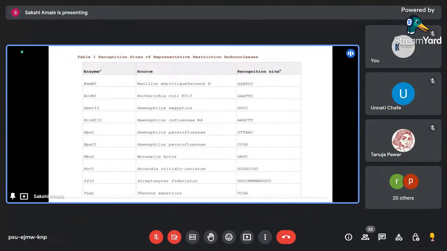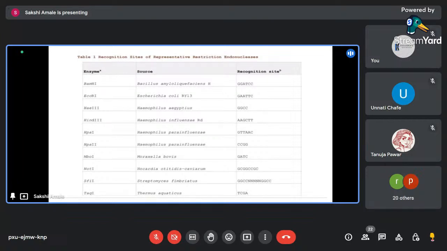Hae3, Haemophilus aegyptius, recognition site is GGCC, and Hind3 is Haemophilus influenzae Rd, recognition site is AAGCTT. HpaI, this is Haemophilus parainfluenzae, recognition site is GTTAAC.